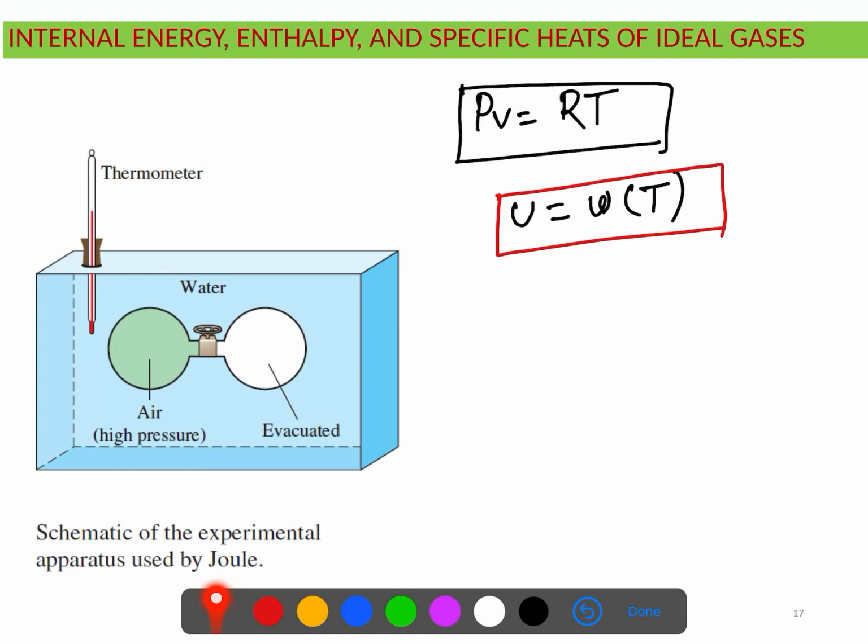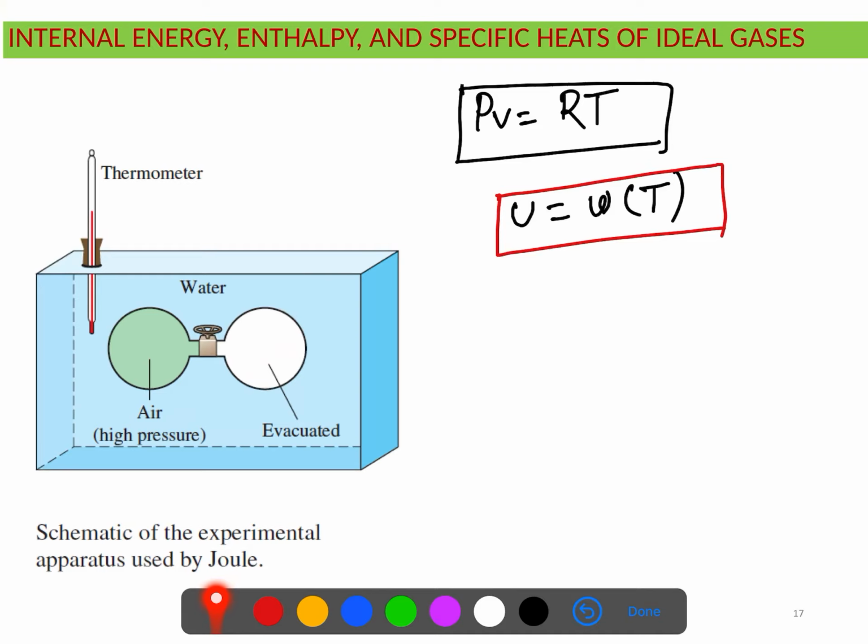He found no temperature change in the air and the water, which means no heat is transferred to or from the air, and no work was done in this case. However, we can see the volume and pressure change from the high pressure to when the air transferred to the other tank. The pressure and volume change, but the temperature is not changing.